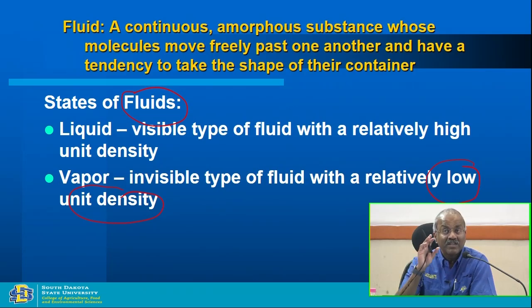You can still have a thicker fluid whose viscosity may be less than some thinner fluids. So it is not always true, but in terms of day-to-day understanding, you can think, okay, a thicker fluid will have higher viscosity, a thinner fluid will have low viscosity. But that may not be true all the time.